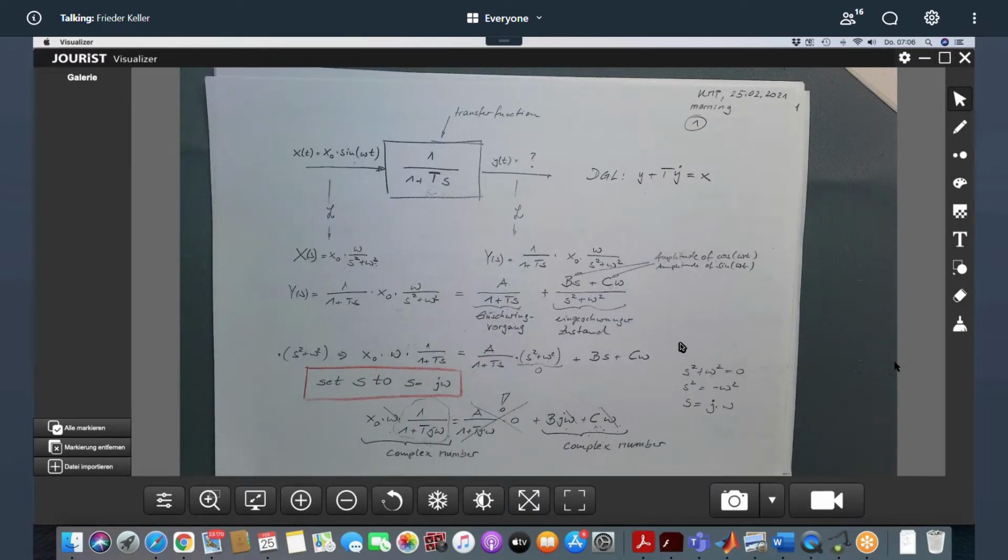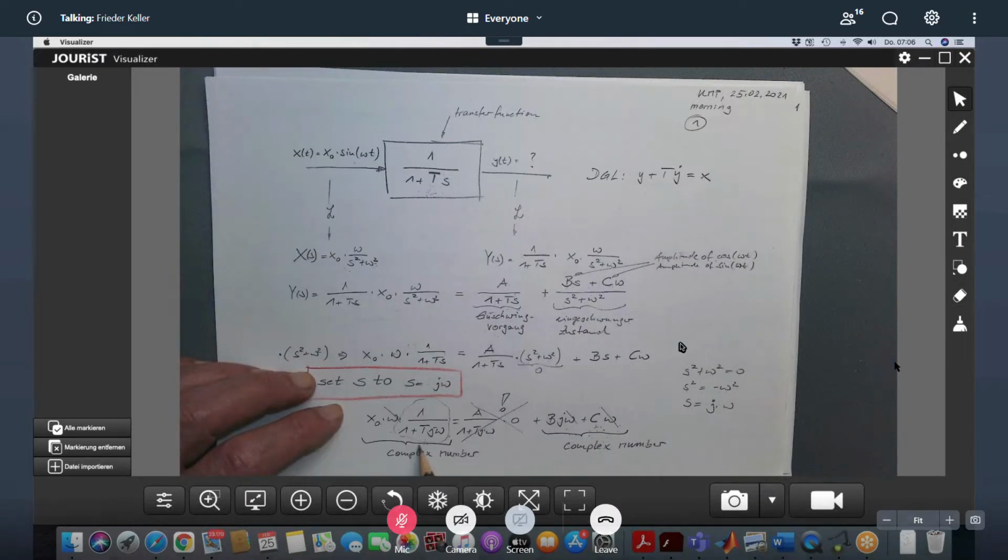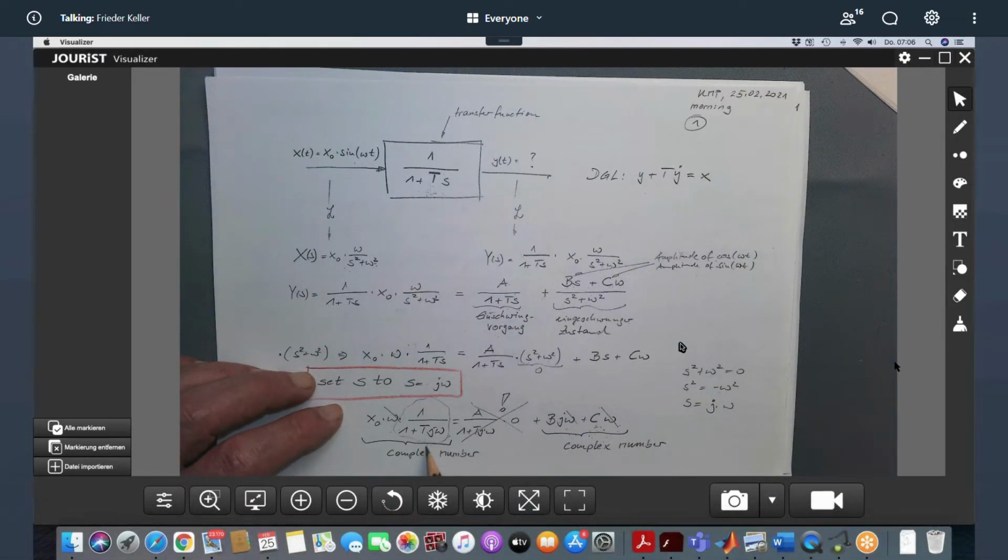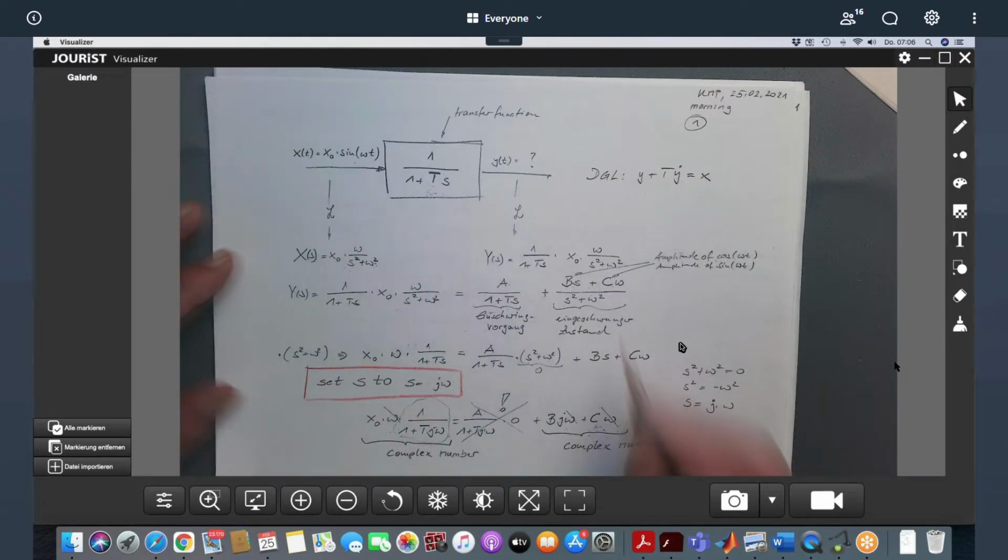If you are only interested in the eingeschwungener Zustand, the steady state response, then it's sufficient to set s to j omega. Then what comes out is a transfer function which looks like that: 1 divided by 1 plus T j omega. And this contains all the information about the eingeschwungener Zustand.